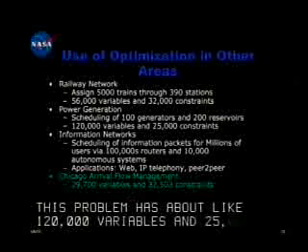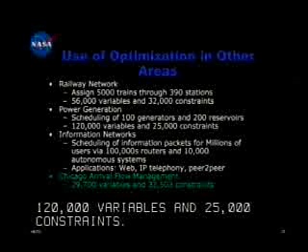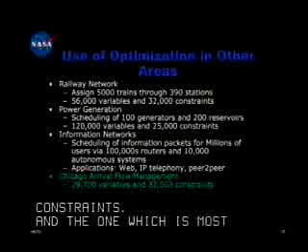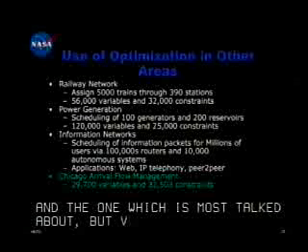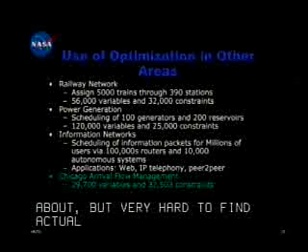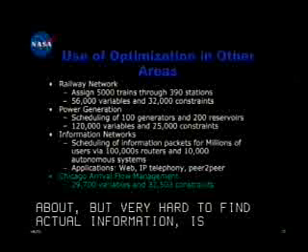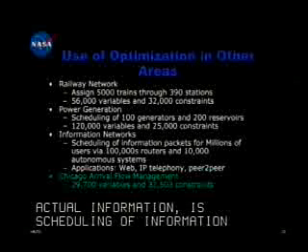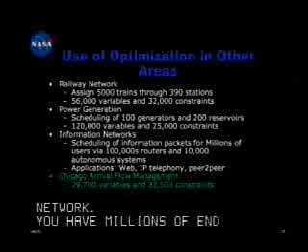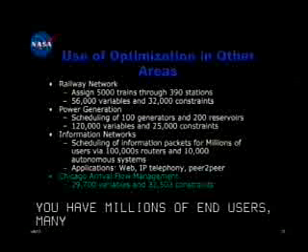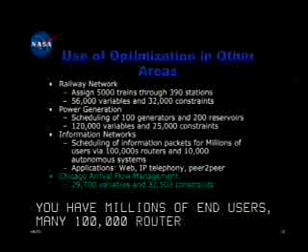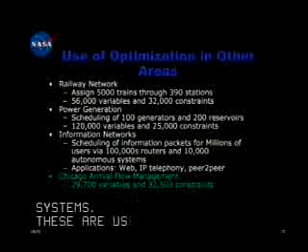And the one which is most talked about, but very hard to find actual information on, is scheduling of information networks. You have millions of end users, maybe 100,000 routers, 10,000 autonomous systems. These are used in various applications, web, peer-to-peer networks.